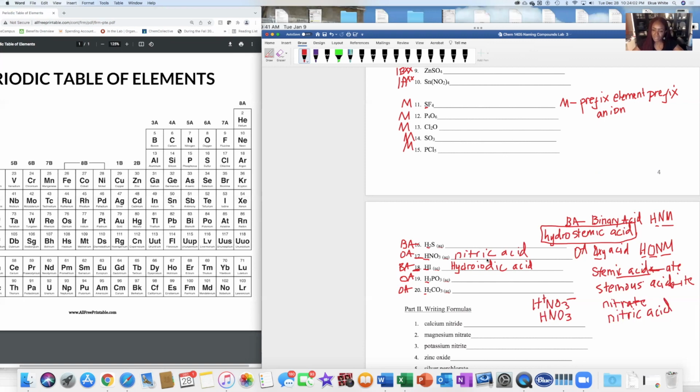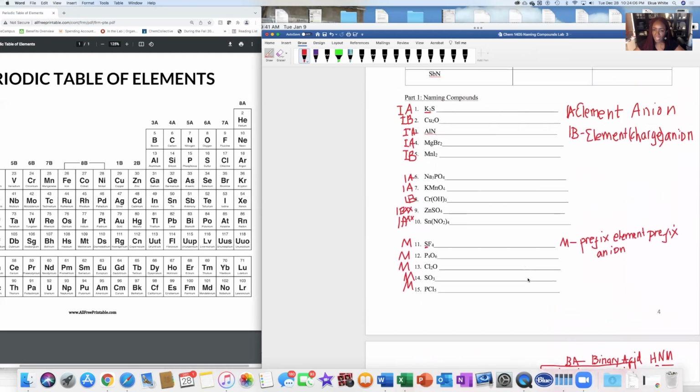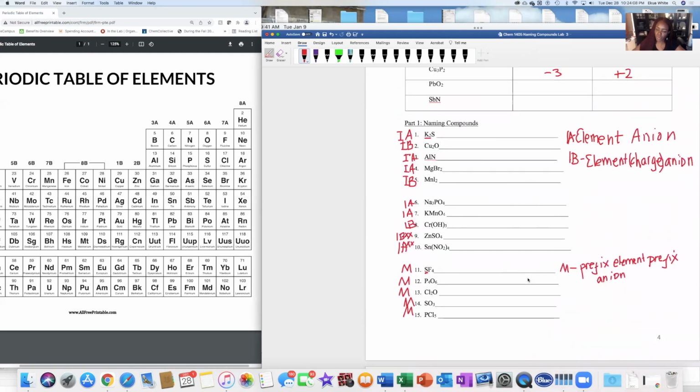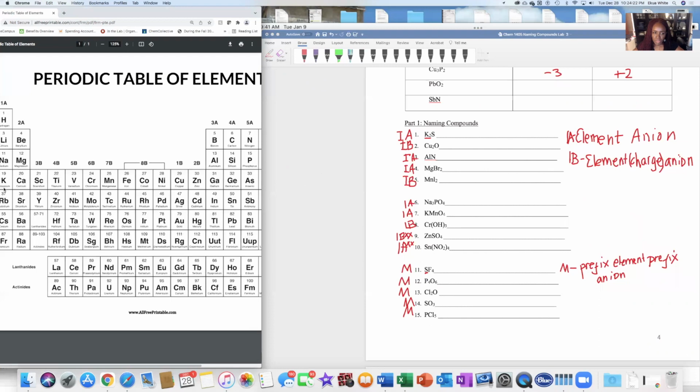But anyway, okay, so now that we've done this, let me go ahead and go through the first one. Let me give an example of this. So the element anion for the ionic A compound, name potassium as the element. So go back here, remember potassium. I'm not going to scroll all the way out because I'm trying to get this done.